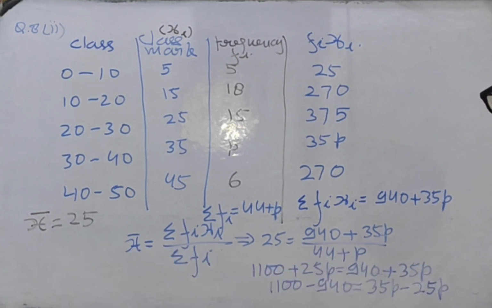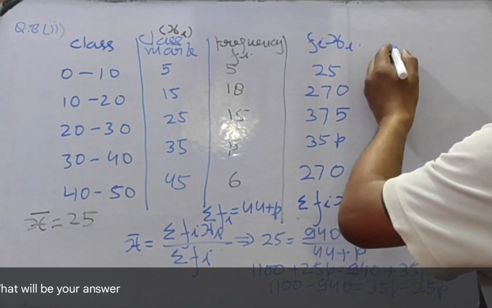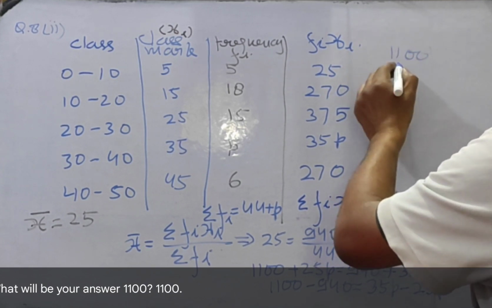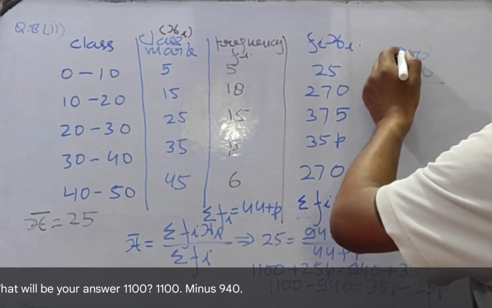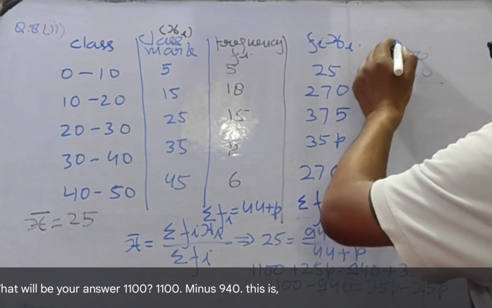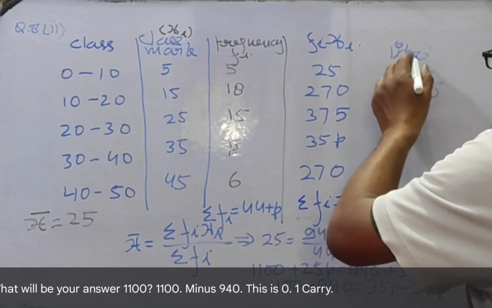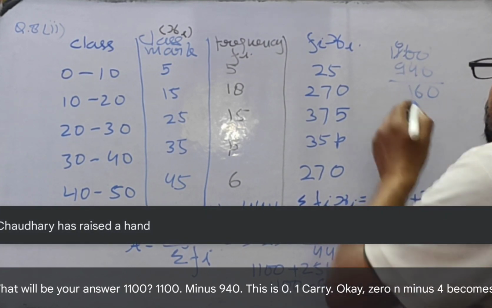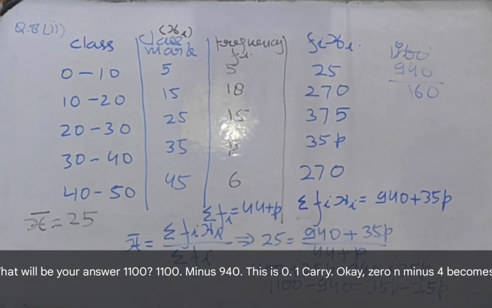So what will be your answer? 1100 minus 940 is 160.